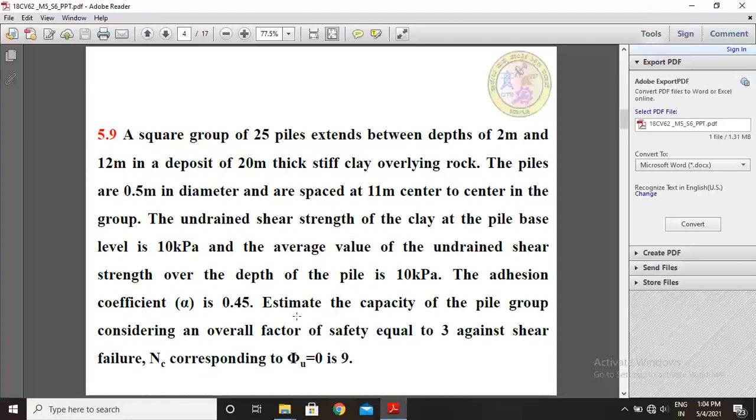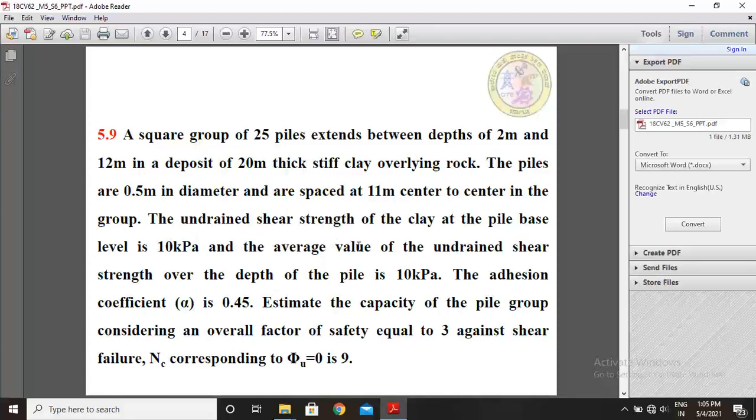A square group of 25 piles extends between depth of 2 meter and 12 meter in a deposit of 20 meter thick stiff clay overlying rock. The piles are 0.5 meter in diameter and are spaced at 1 meter center to center in the group.